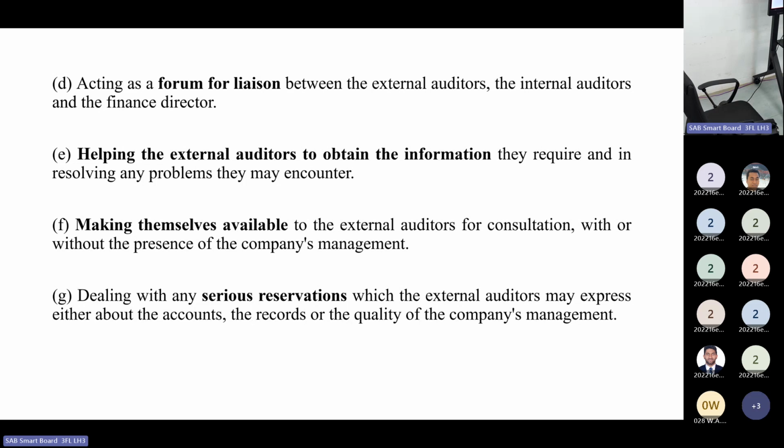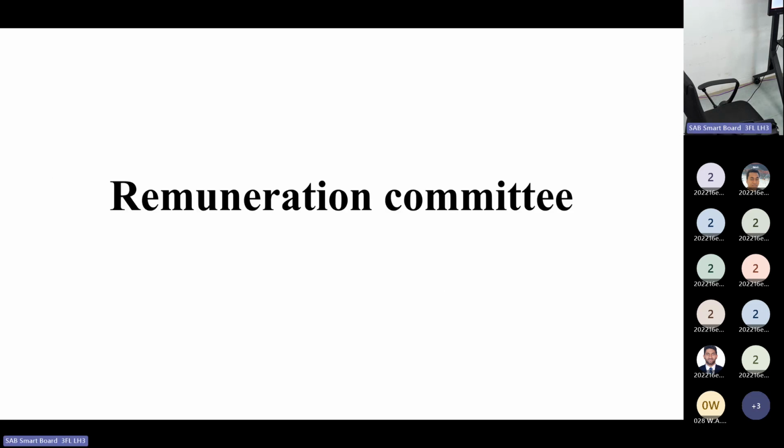Fourth, internal audit. Fifth, connecting with external auditors. You have to know these five tasks very well, because out of all these committees, this is the most important committee. Right. Then we are coming to the next one, remuneration.